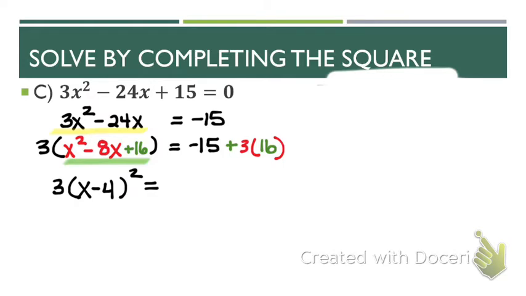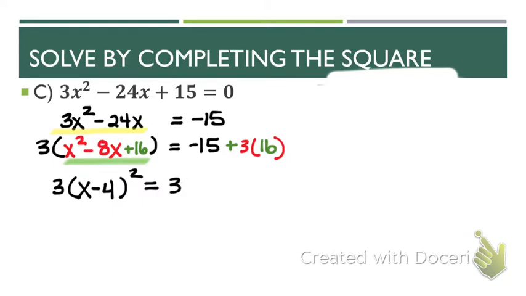Go ahead and type this in your calculator, see what you get. Did you get 33?